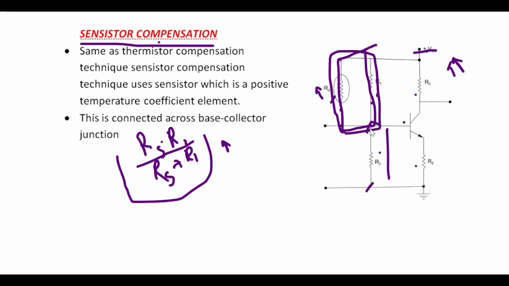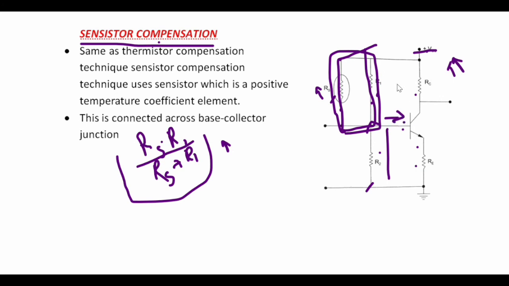R2 will have a very small voltage drop, and this voltage forward biases the base emitter junction. So if the temperature increases, the voltage drop across R2 decreases.